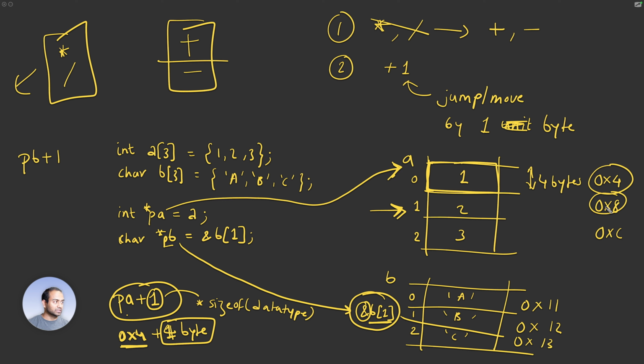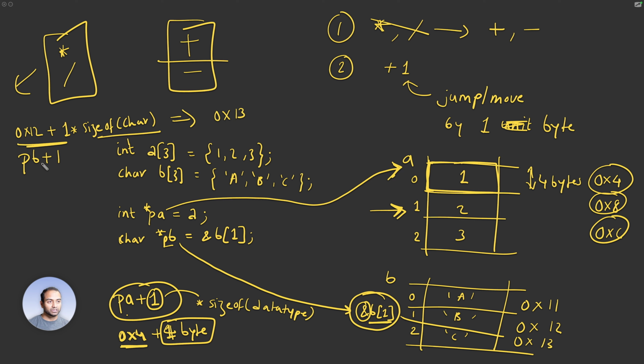Here, if you see, there is a delta of 4, because an integer is 4 bytes. So PB is hex 12, and in this case PB plus 1 actually means 1 into size of char, which happens to be 1, so it will be incremented to hex 13.